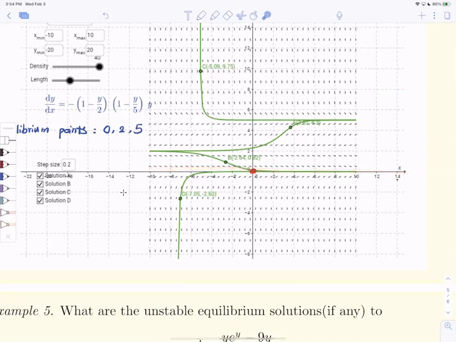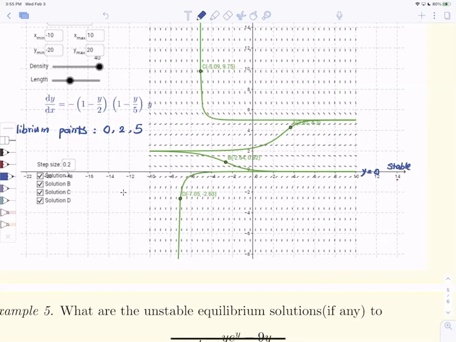And as x goes to infinity, is it approaching 0 or going away from 0? Is it stable or unstable? Going towards 0, yes. Since it's getting closer and closer to 0, we call it stable. So this point is a stable equilibrium point.